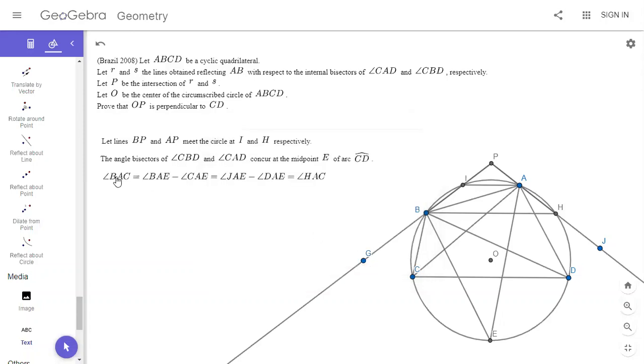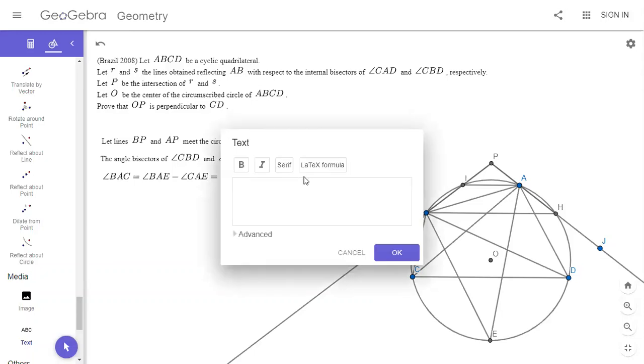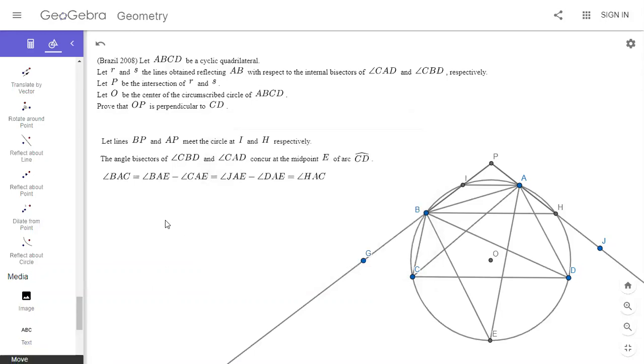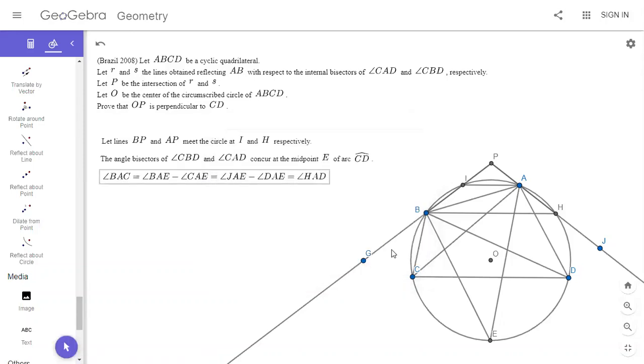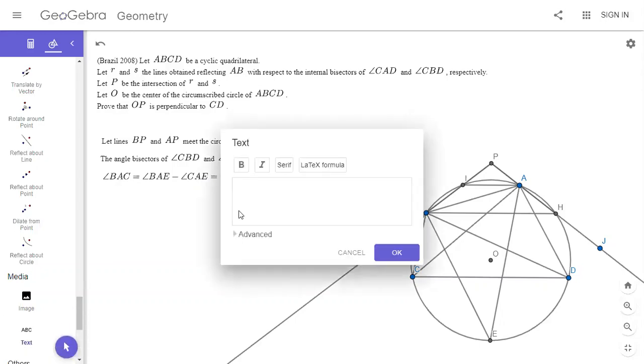So if angle BAC is equal to angle HAD, then they intercept equal arcs. So that means arc BC is equal to arc HD. And so that means BH is parallel to CD.